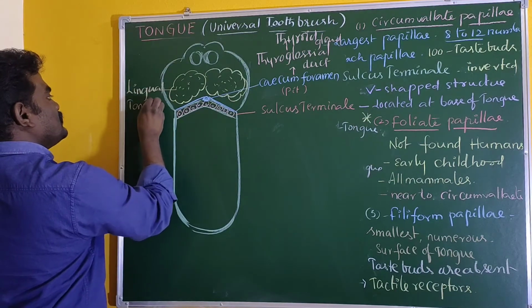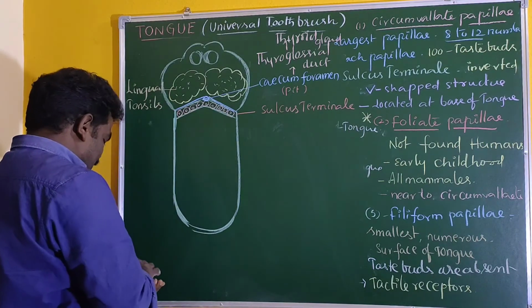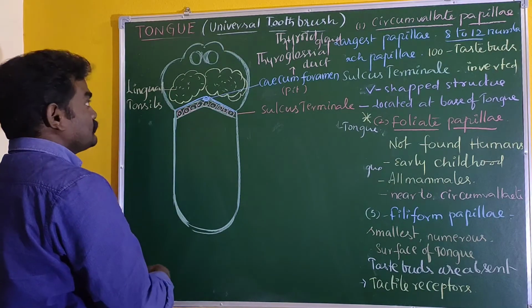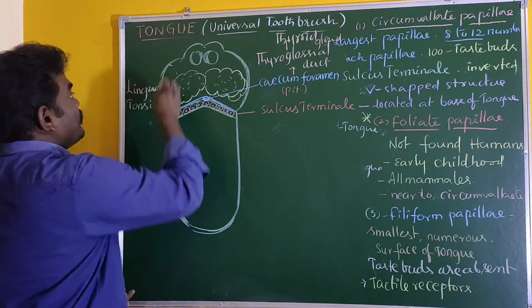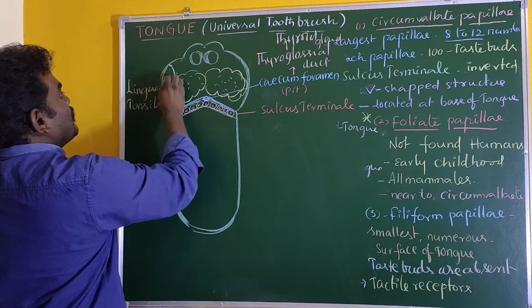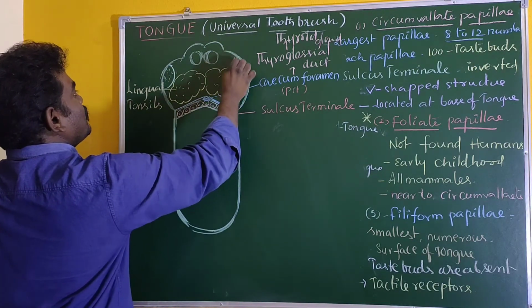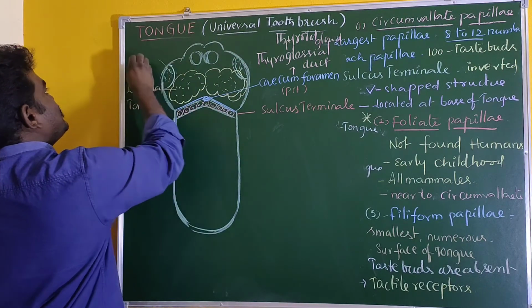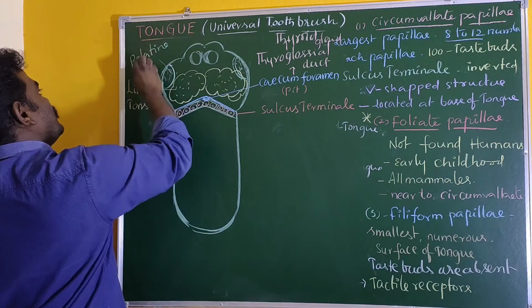On either side of these lingual tonsils, some more tonsils are also there. These are the palatine tonsils.